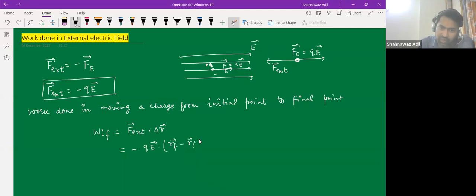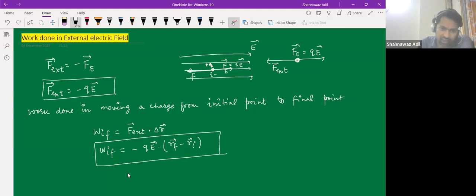That is the displacement. You are applying some external force and displacing this charge from the initial point to the final point. So that would be the work done. Is this clear?